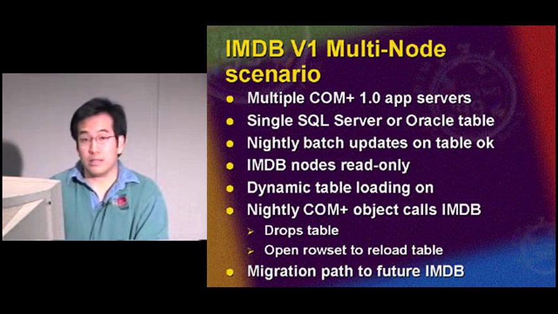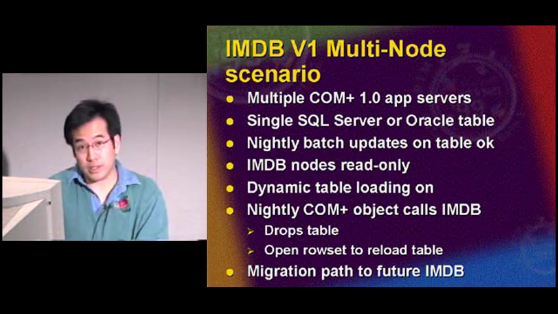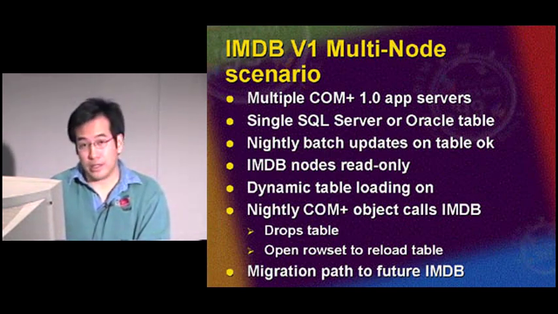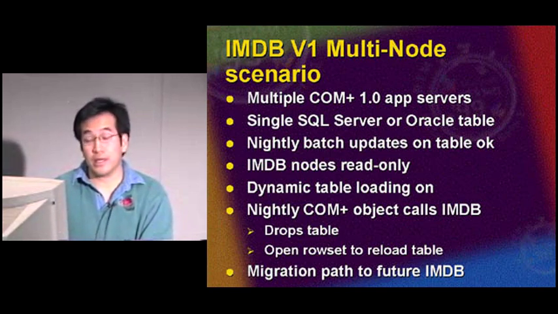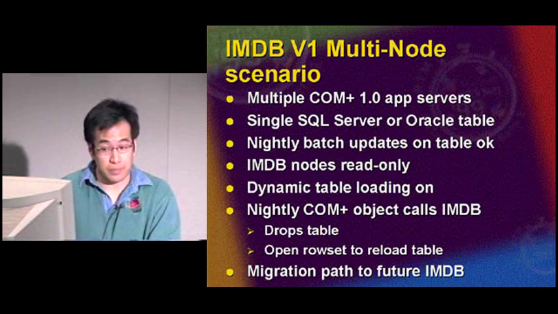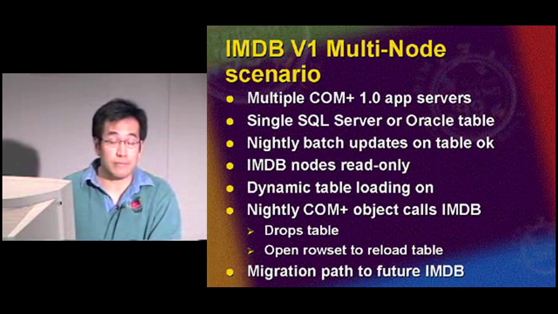So many customers have asked when we'll be able to support updates as well in this scenario. Now in version 1, we will not support this type of scenario, in which each of the IMDb nodes can update a single table that came originally from SQL Server or Oracle, with that change persisted to SQL Server or Oracle, and then propagated or transferred so that it's consistent across IMDb caches.